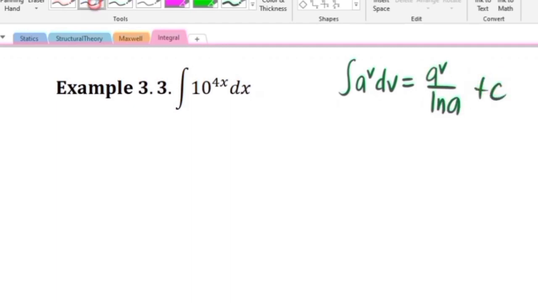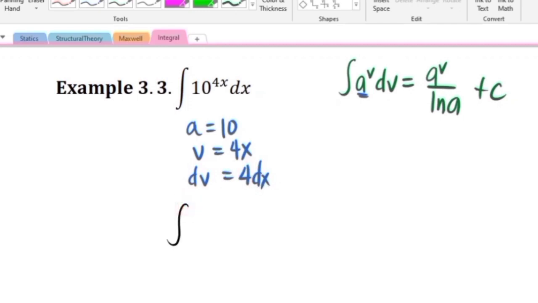Now, we will determine first which is a and which is v. So a here is your base, so that is equal to 10. And v is your exponent, so that is equal to 4x. Now, taking the derivative of v, we have dv is equal to 4 dx.